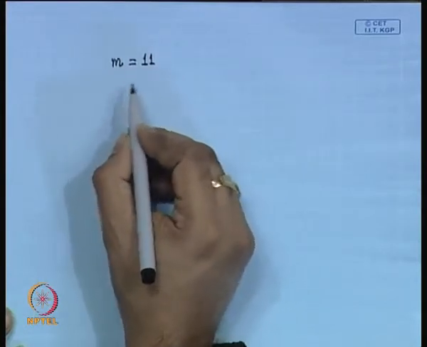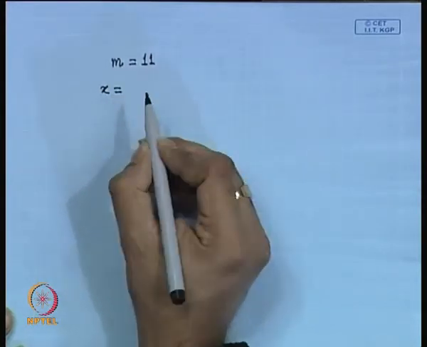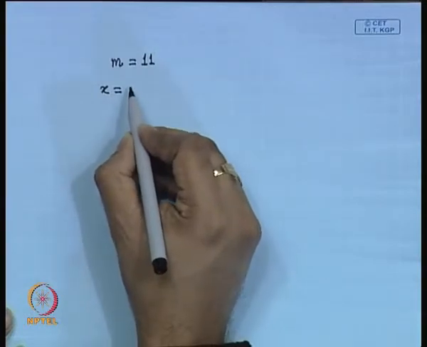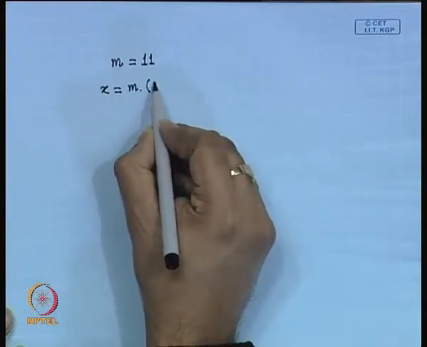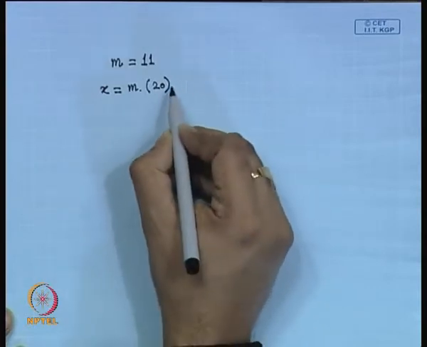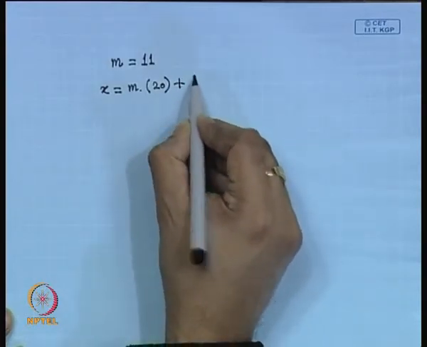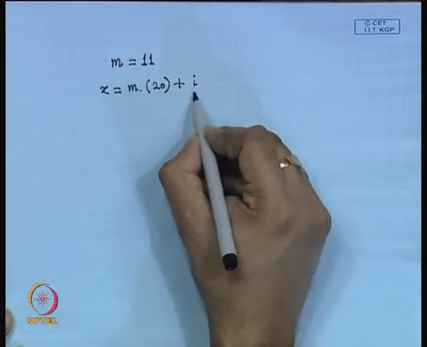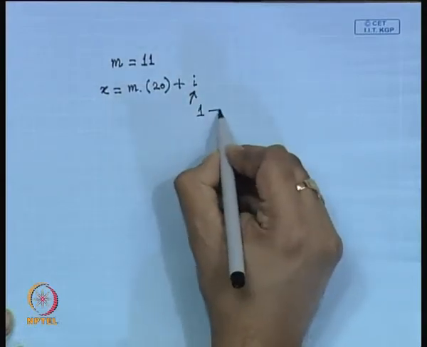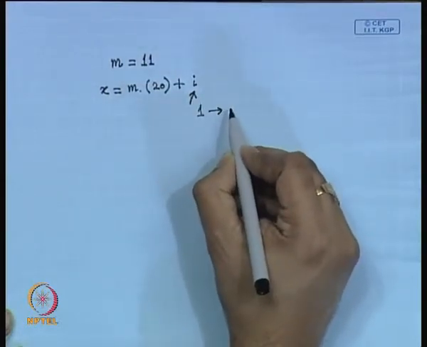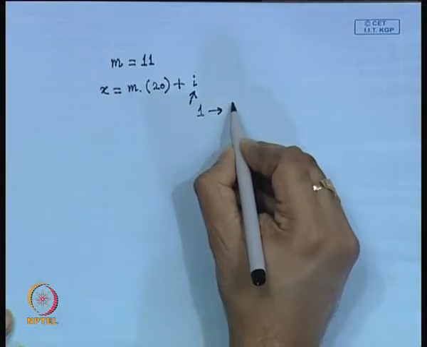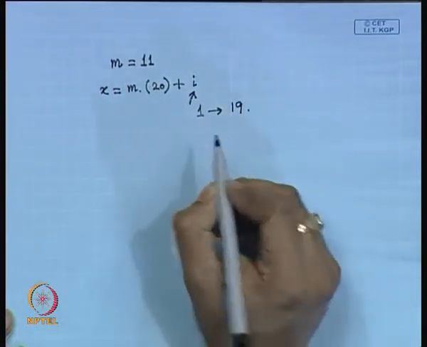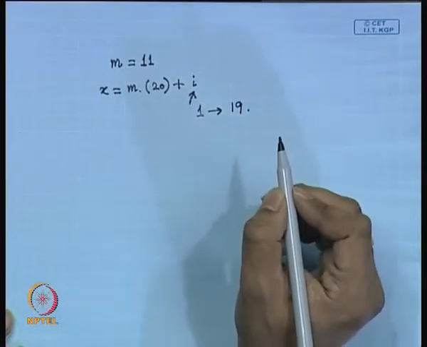I start computing x as m multiplied by a publicly known value, say 20, and I add some value I to it. I vary this I from 1 to k minus 1, k being equal to 20, so that is 19, one step at a time.